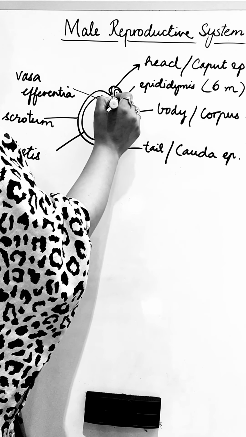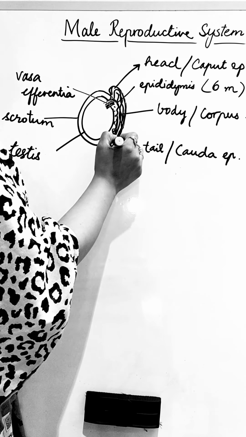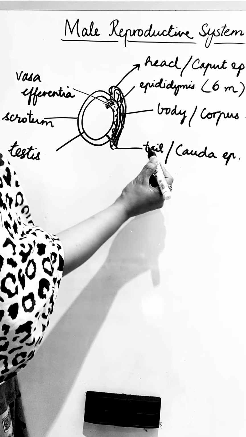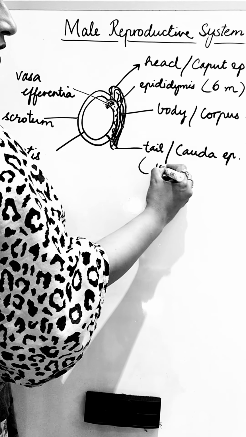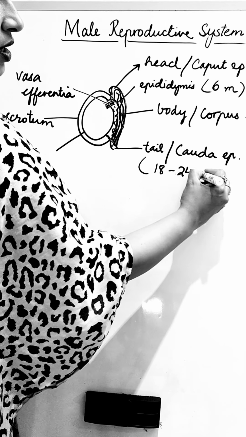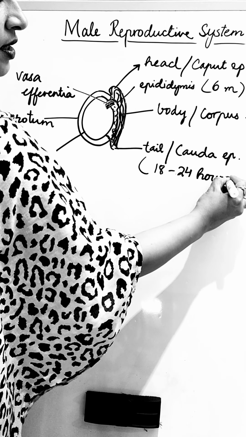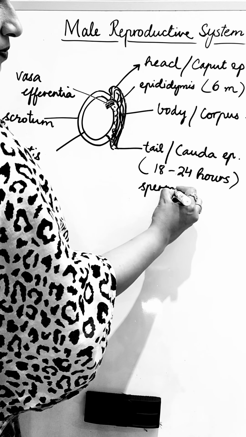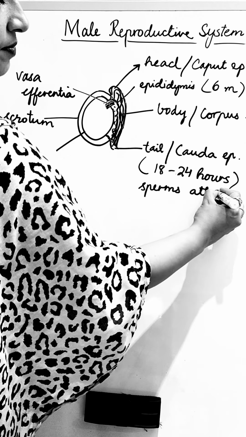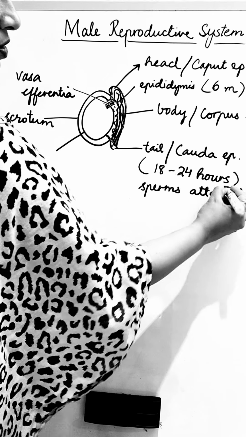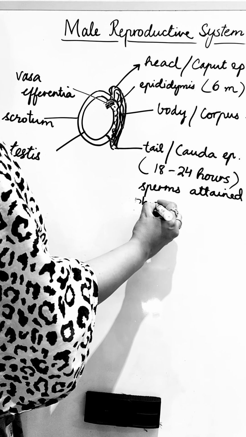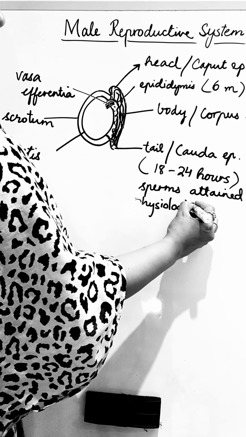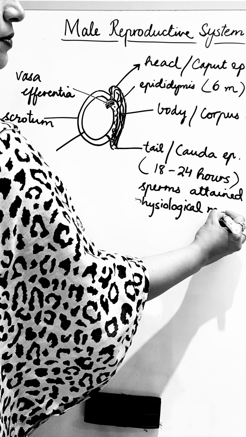From here the sperms move to the last portion of the epididymis, where they rest for 18 to 24 hours, and here the sperms attain physiological maturity.